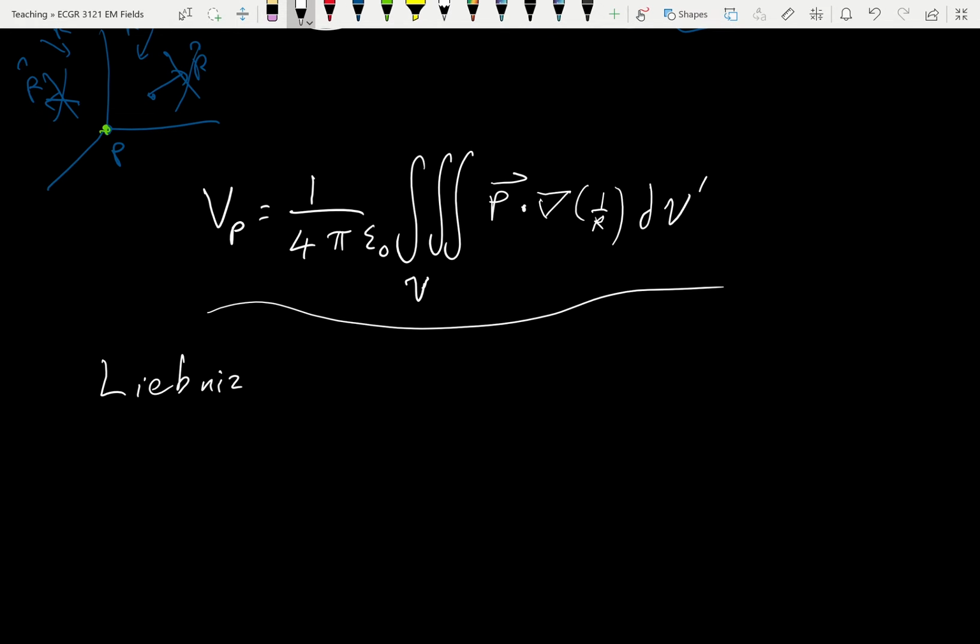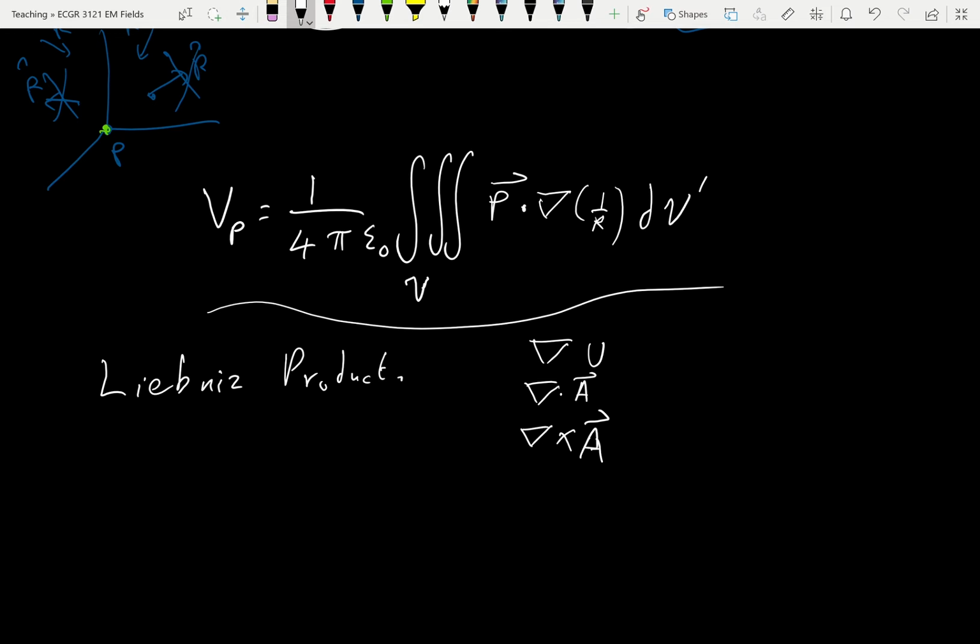The Leibniz rule is just the product rule for differentiation. Remember when we were talking about vector calculus and we said the gradient, the divergence, and the curl are different generalizations of differentiation in higher dimensions, right? So they should all have a version of the product rule. That's one of the basic properties of differentiation.